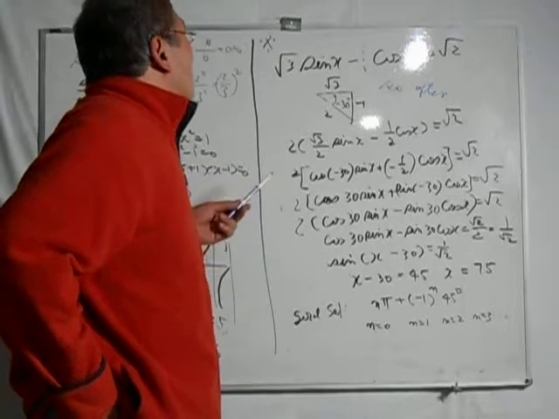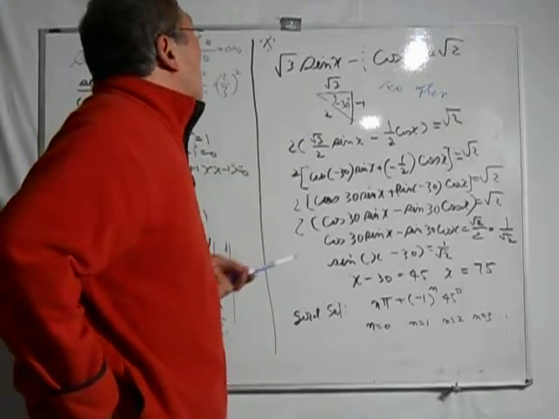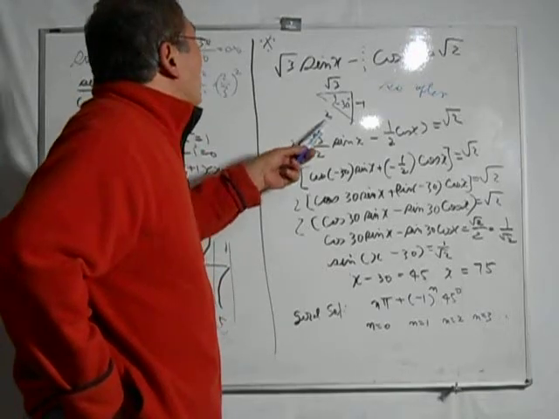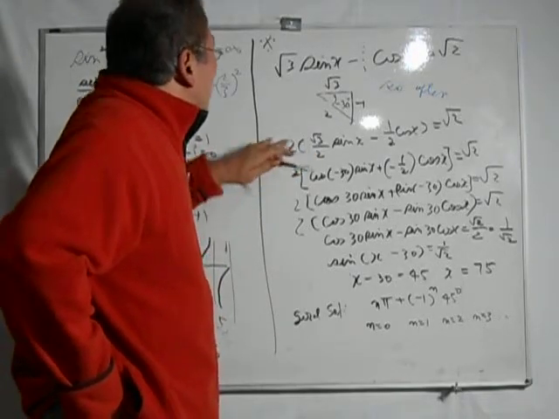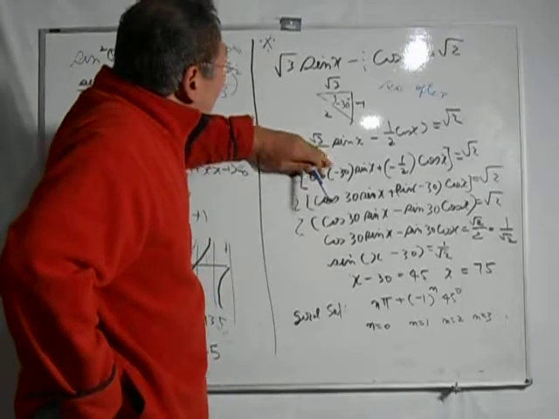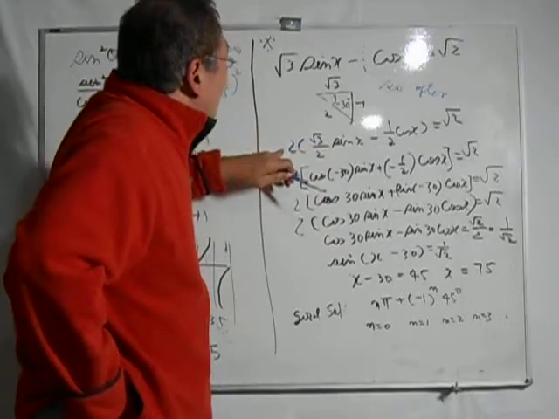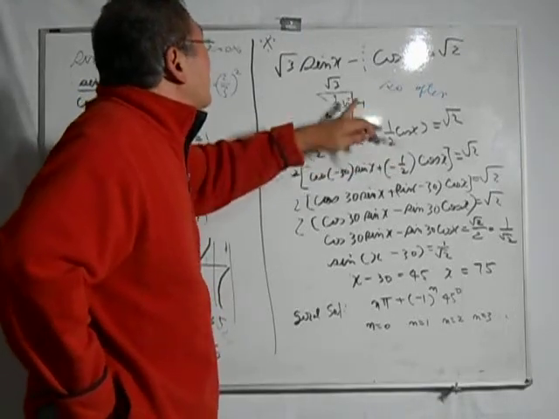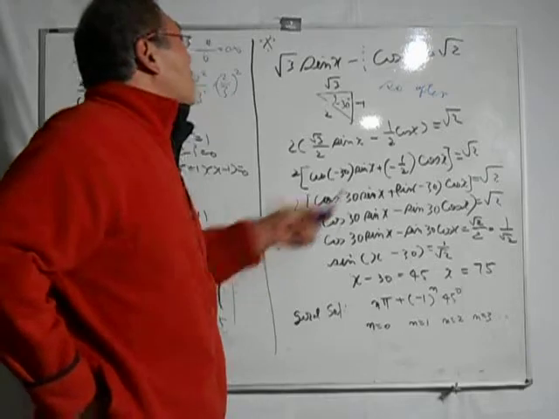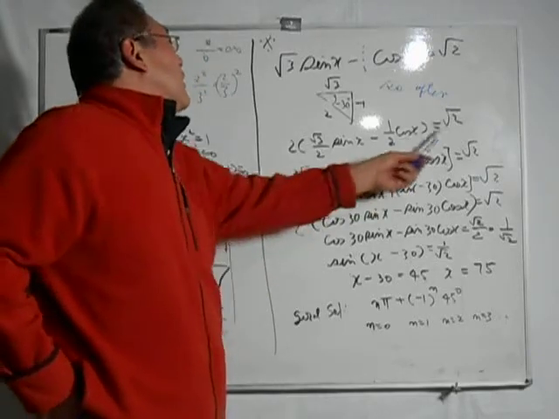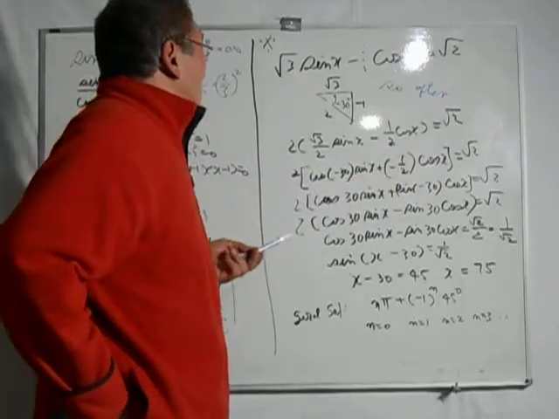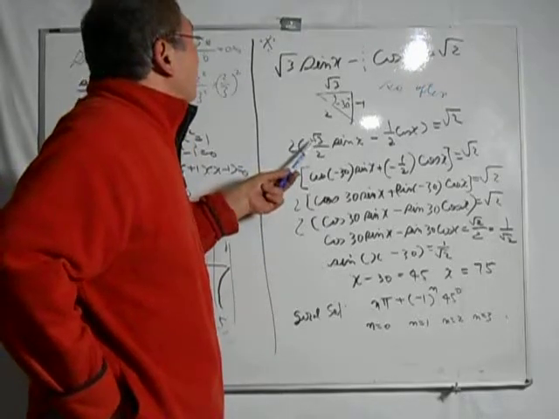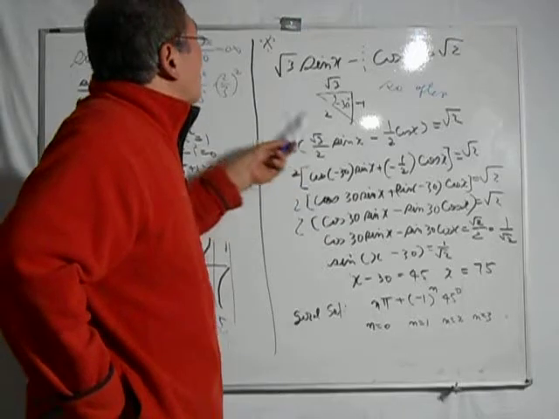4상환. Okay, anyway. So root 3, I'm going to use this angle. I change it to root 3 the same as this, right? Then divide by 2 times 2. Then same as this, divide by 2 times 2, and equal root 2. Then root 3 over 2, that is a cosine, right?